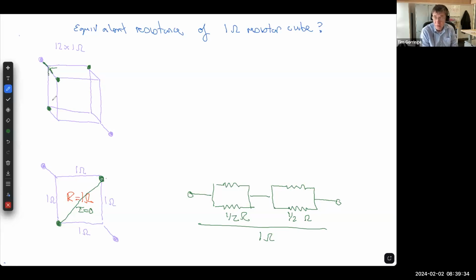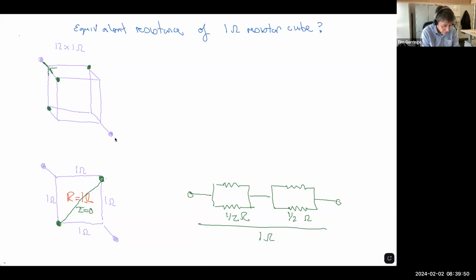Before we do that, I want to walk down to this other terminal downstairs here and talk about that terminal. The current that flows through the cube ultimately is collected and exits through this terminal down here.